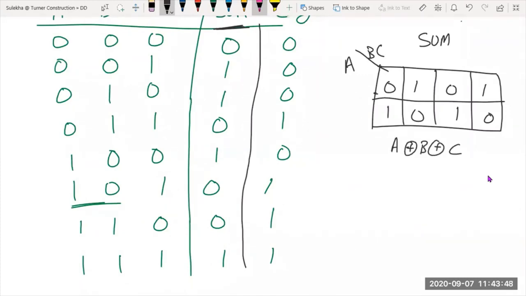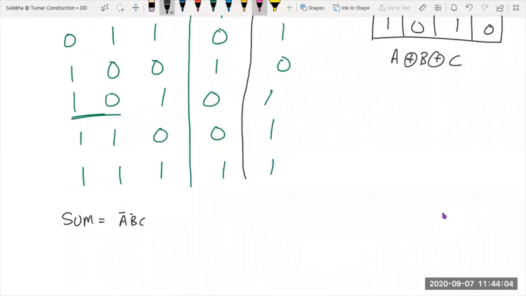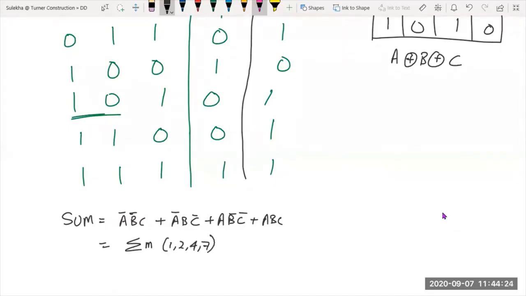If you want to write it in the form of an expression, you can write a bar b bar c plus a bar b c bar plus a b bar c bar plus a b c. In min terms, that is summation of min terms 1, 2, 4 and 7. So this is nothing but a XOR b XOR c.